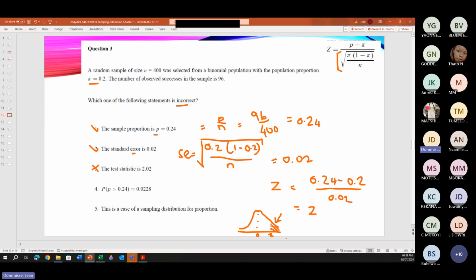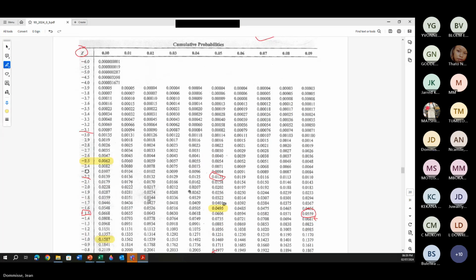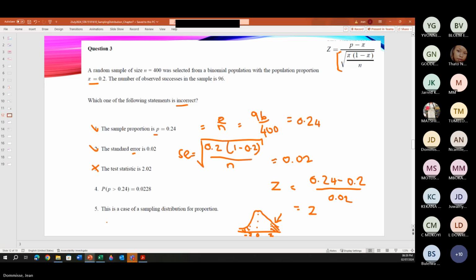Again, we can do it both ways. Negative table to get to -2, and then it is exactly the same for the +2. So the first one, -2, -2, 0.0228, 0.0228. So that is correct.